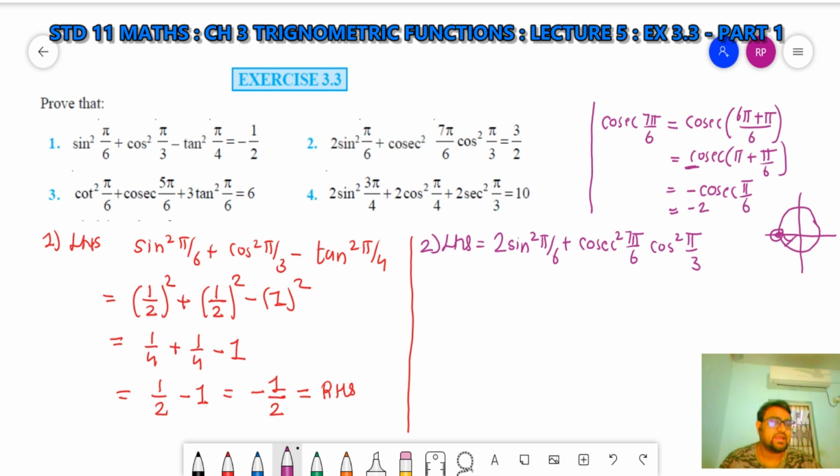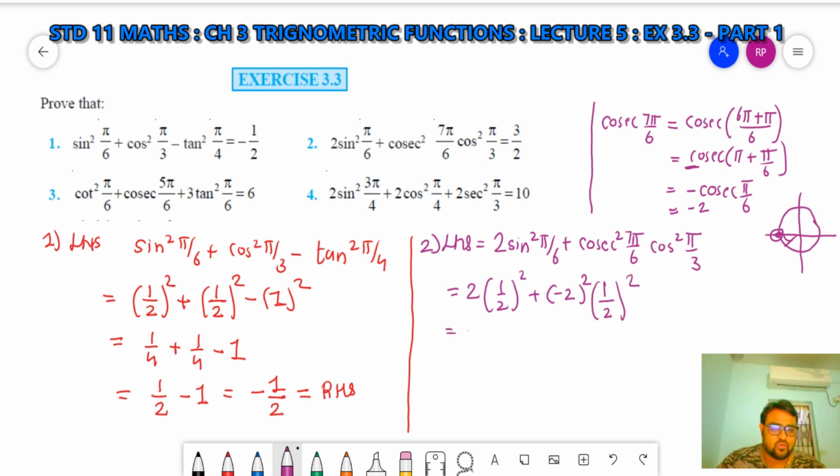See, what I did, I found out the value of cosec 7 pi by 6. Now I will just need to replace the values. So this is equal to 2 sine square pi by 6, sine pi by 6 is 1 by 2 whole square, cosec square 7 pi by 6, cosec 7 pi by 6 is minus 2 whole square, cos square pi by 3, that is cos 60, 1 by 2, and it's square, right?